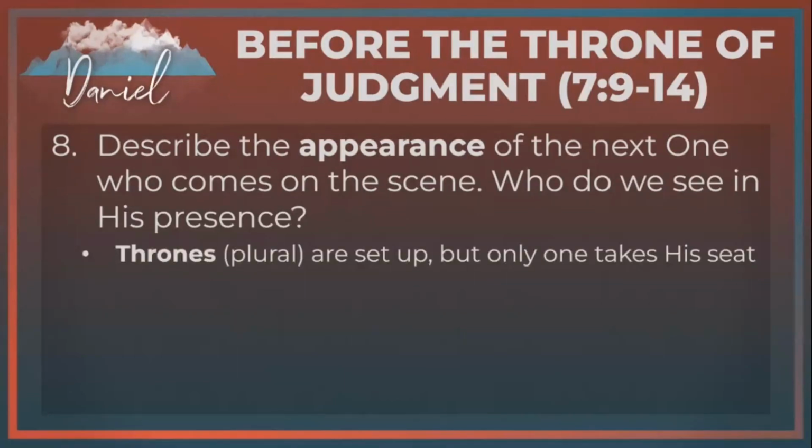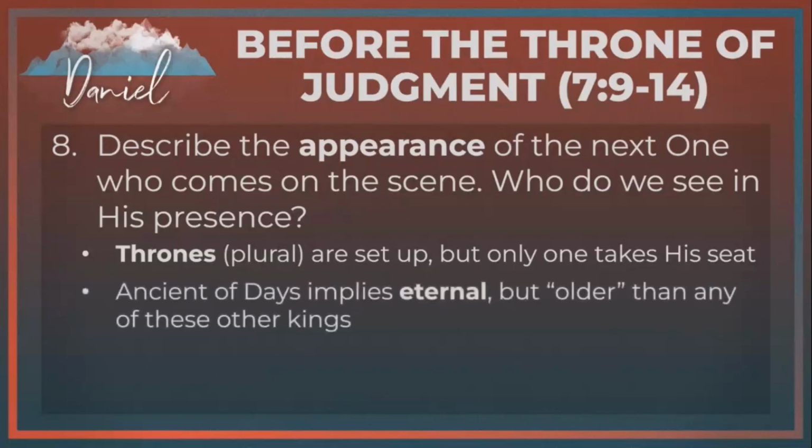Now, we haven't seen this phrase used in Scripture before. That's kind of interesting. Although, of course, we know God is eternal, so this is probably to be expected, right? The one older than any of the other kings by far, because there's not really an age you can ascribe to that one. What is he doing?